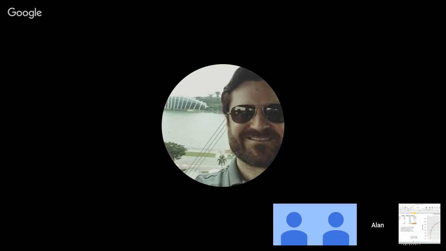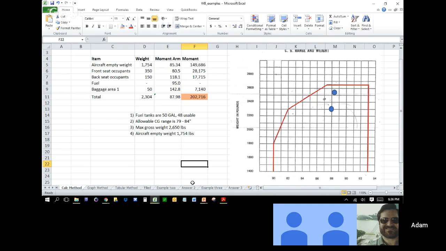Yeah, and if you think about it, it may be obvious, but theoretically speaking, if you've got a center of gravity right here at the 88.7 mark, if your fuel tank has a moment arm more forward or more aft, it will affect how that center of gravity changes.